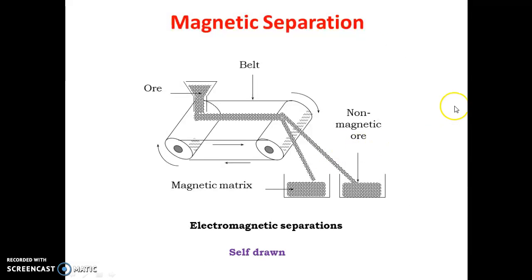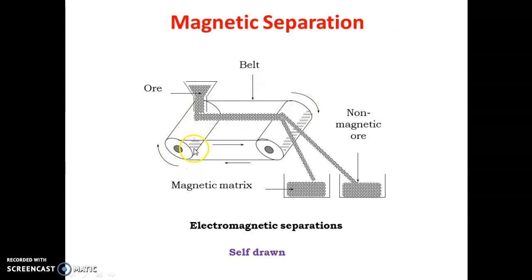Third, which is very important, is the magnetic separation method. We know that the ore is associated with some magnetic and non-magnetic impurities, and we can separate them with the help of magnetic separation. In that method, we take two rollers along with one belt, and we allow the ore to pass. The belt is rotated.